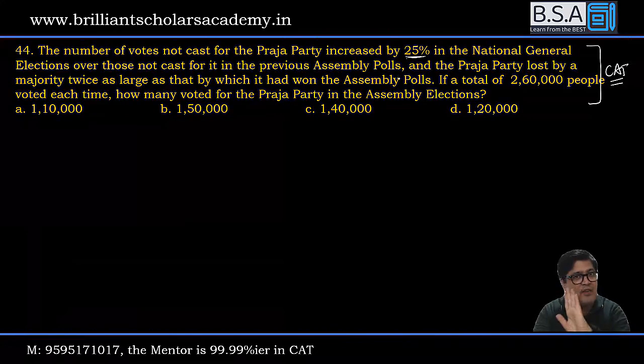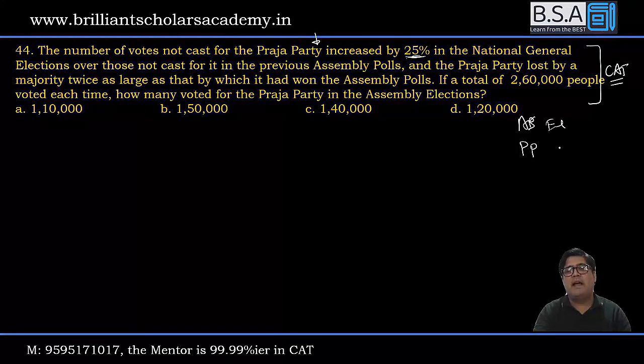The question is not saying that Praja Party's vote is decreasing by 25%. The question is saying the opposition's vote is increasing. Listen to this. There was some vote Praja Party was getting. I am focusing on assembly because the question is on assembly polls. I am saying Praja Party's vote is PP and opposition's vote is OP. It is equal to 2.6 lakhs.